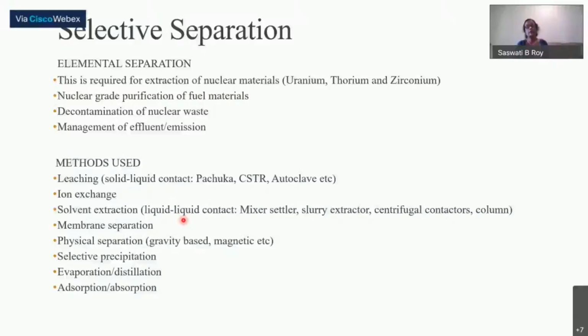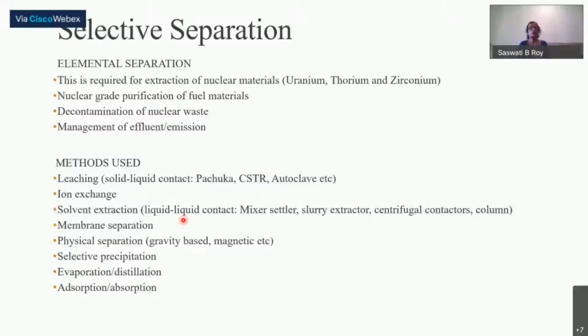Solvent extraction, many of you may know, is an atmospheric temperature and pressure contact system, and is quite efficient and economic. For most of our cycles, solvent extraction is being used.